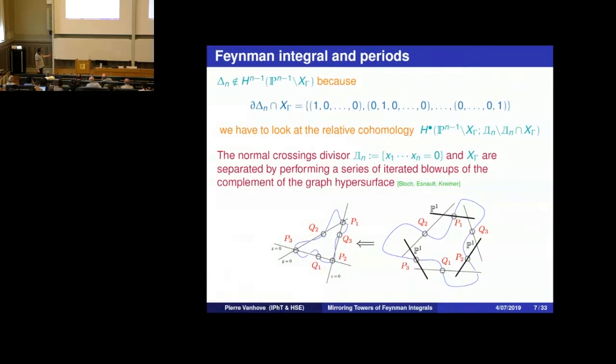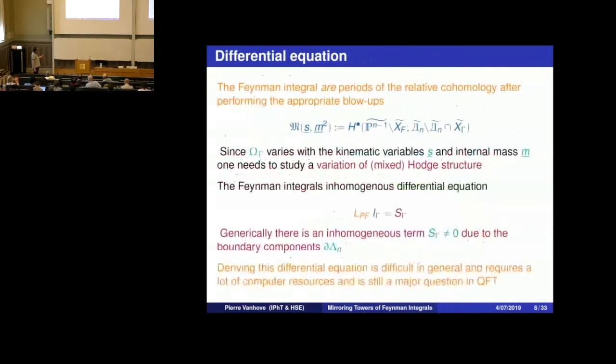What we'll see later is that the internal mass actually realizes exactly what you need for doing the blow-up. So the message from these slides is that your Feynman integral is a period in that motive, once you have done the blow-up and gone to the relative cohomology.